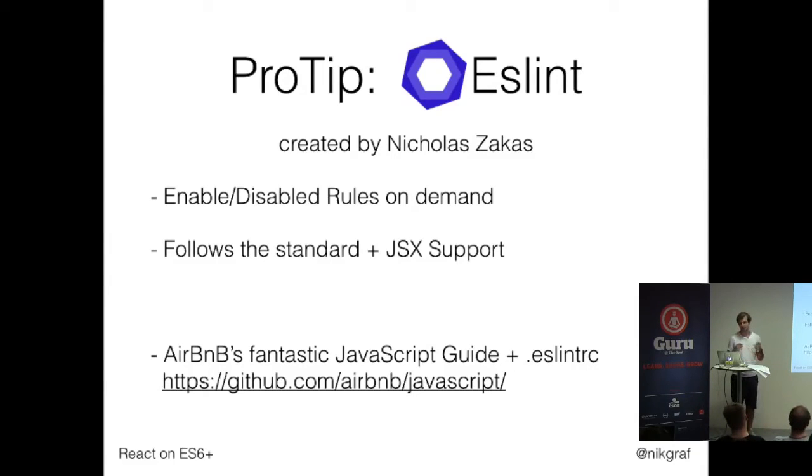It even has JSX support, and if you don't want to mess around, in the beginning, it's really nice to have a really good base setup. And there's a fantastic guide from Airbnb. It's a JavaScript guide, how they write the JavaScript, basically the good parts of the good parts.